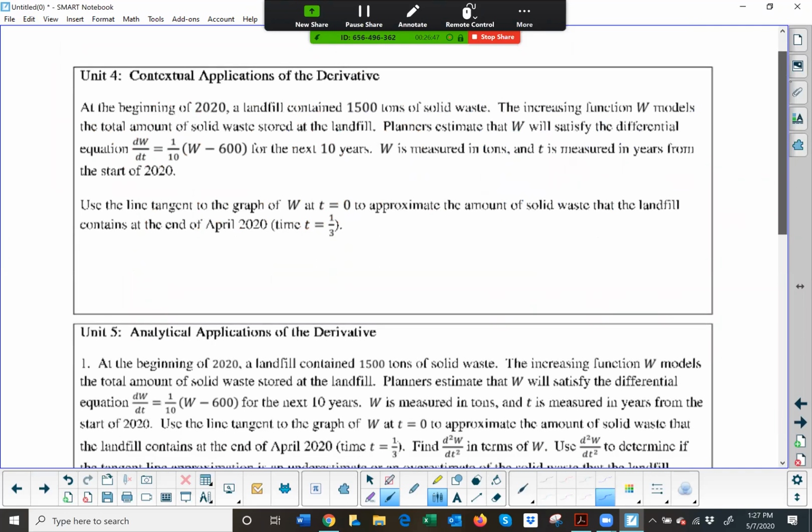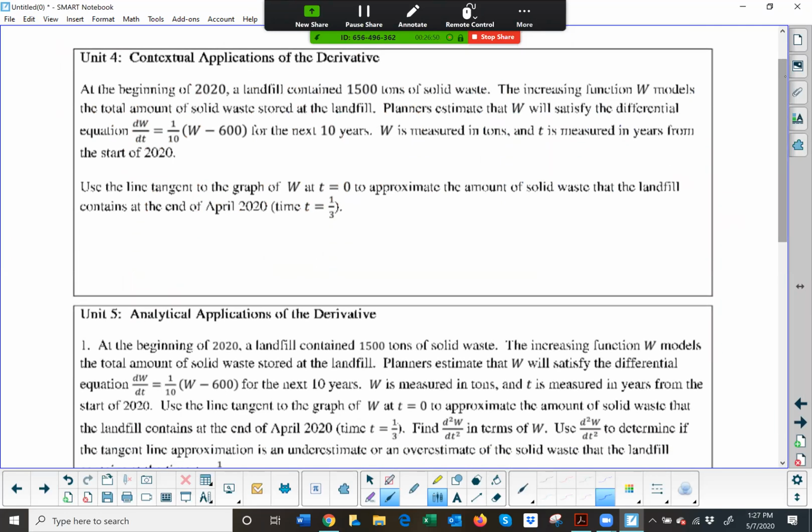All right, let's look at unit 4. Applications of derivatives. At the beginning of 2020, a landfill contained 1,500 tons of solid waste. The increasing function W models the total amount of solid waste at the landfill.